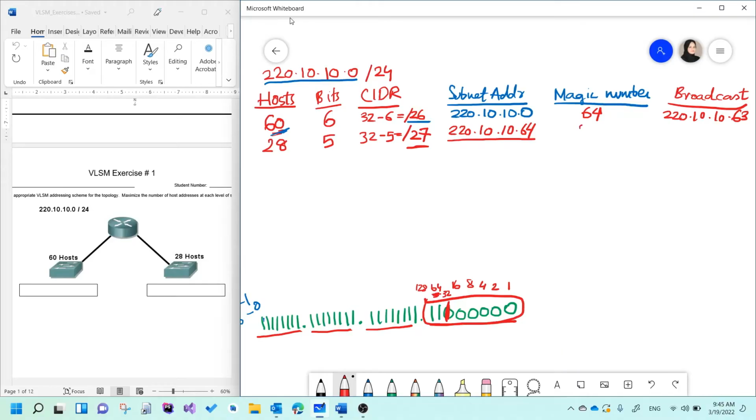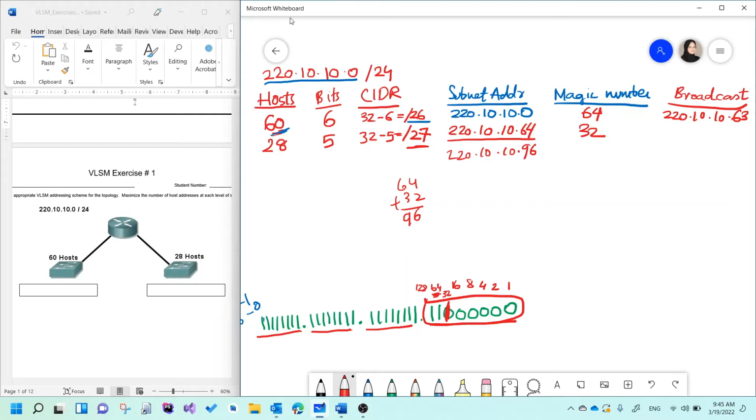So that is your magic number, 32. You need to add 32 to the subnet address to get the next network. So it would be 220.10.10.64 plus 32, which is 96. So this would be dot 96.